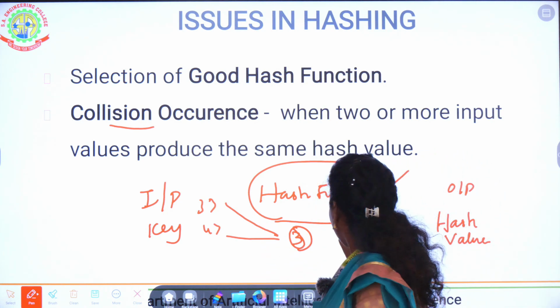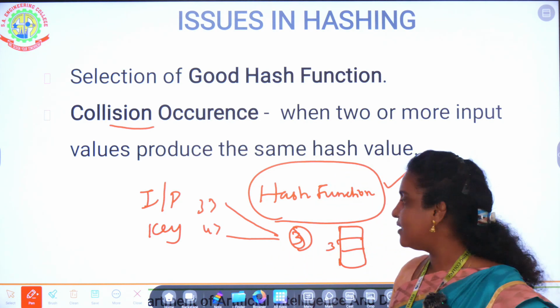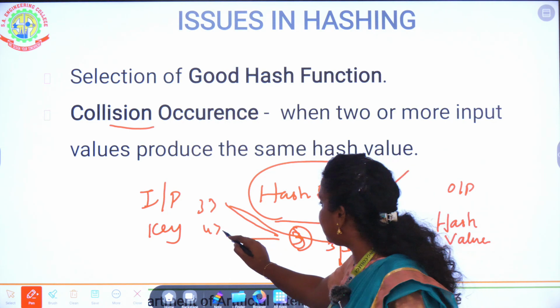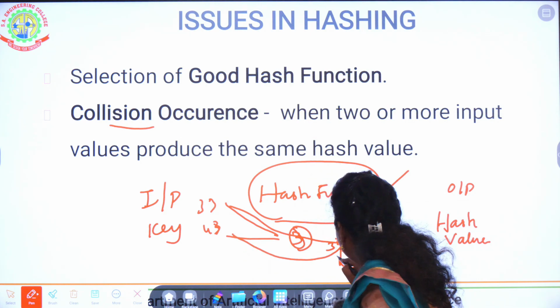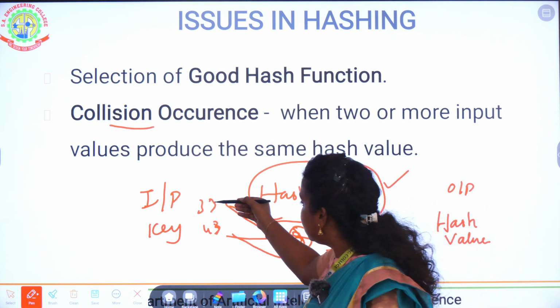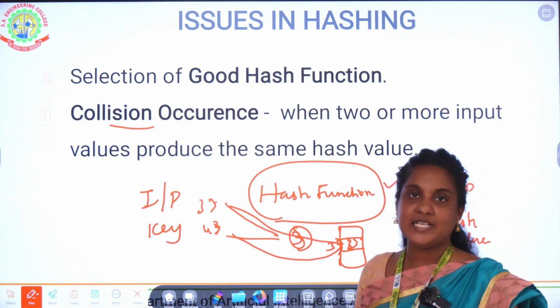So in the hash table, at position 3, 33 is already stored, and 43 is also colliding with the 33 which resides at 3. So here 2 keys are referring to the same hash value.